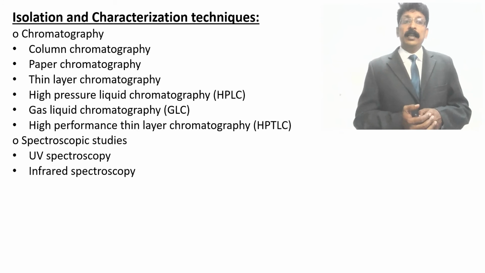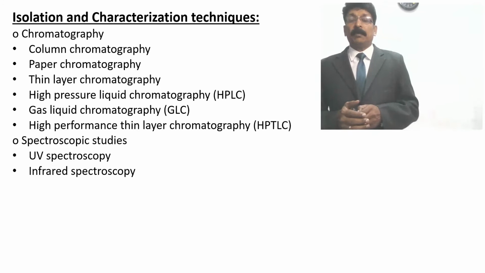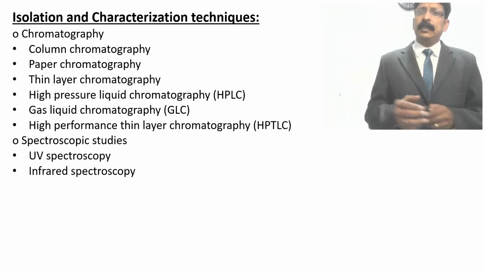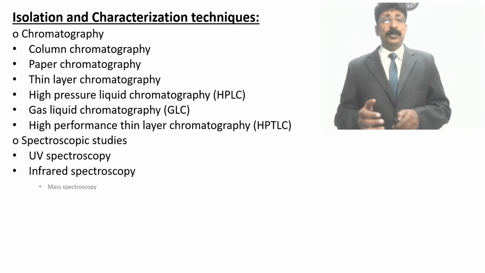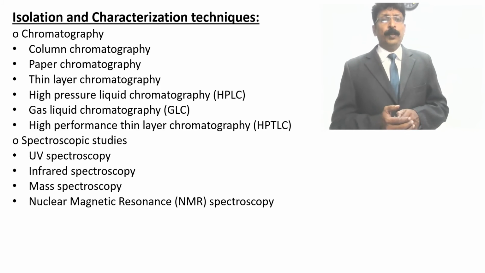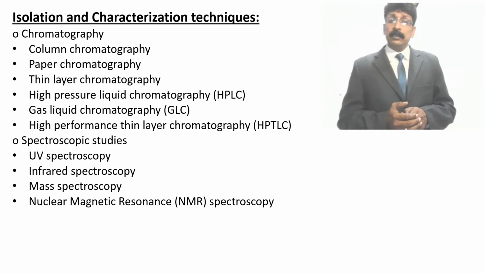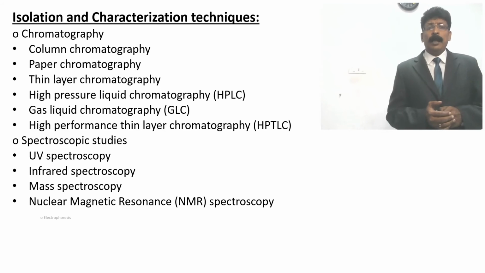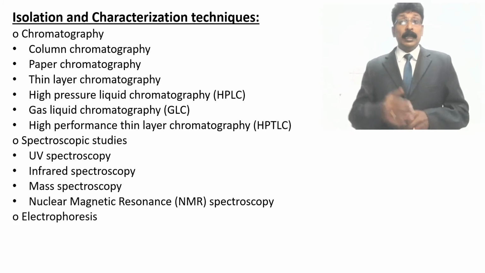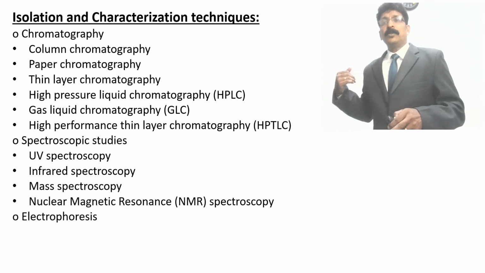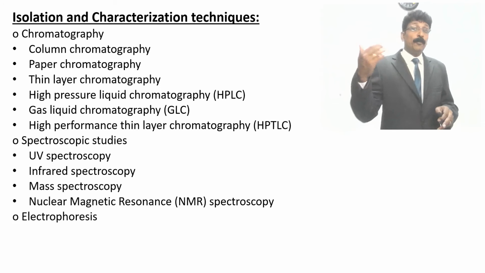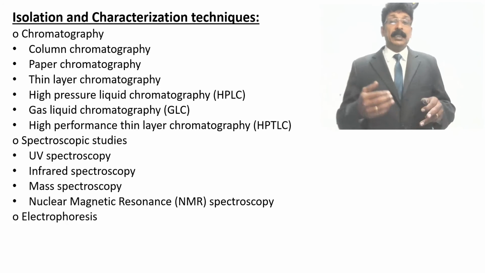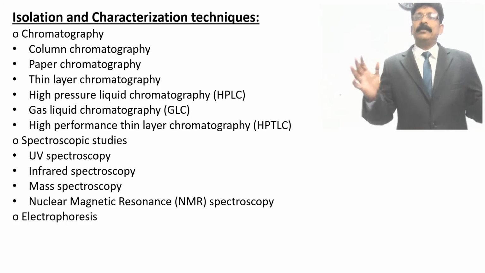Then infrared spectroscopy, its application and the instrument, just the principle, as well as mass spectroscopy and nuclear magnetic resonance, NMR, and also electrophoresis techniques. Apart from that, there are many instruments, but we are limiting ourselves to these.